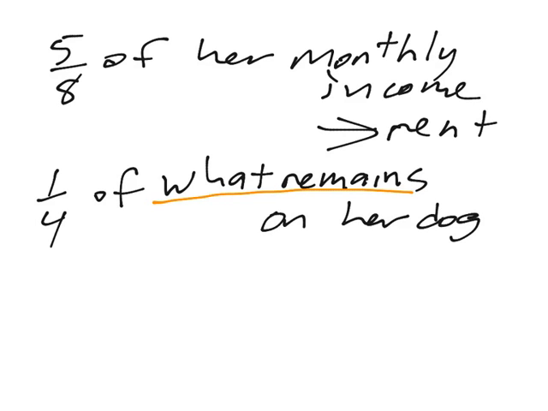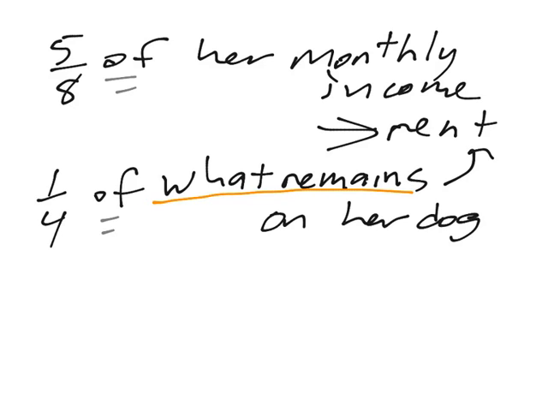because it's critical that whenever you're working with fractions that they're clear in your own mind about what these fractions are referring to. Because a fraction is always some part of something, but in this case, 5/8 is 5/8 of her total monthly income, but 1/4 is just 1/4 of what remains after she's paid rent.